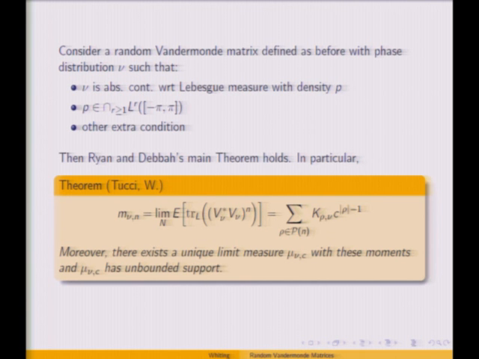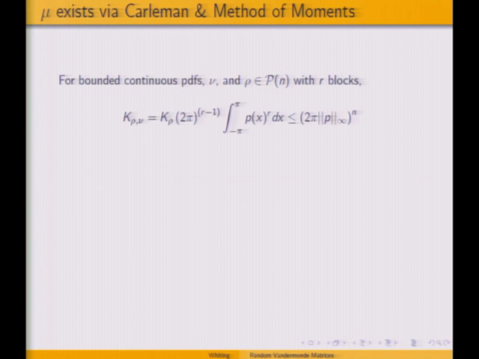But in fact, in this case, we can argue via the method of moments. And the method of moments tells us that provided the moments satisfy some property, in other words, they are distribution determining, and some sequences of moments do have that property, then there is a corresponding unique limit measure. So in fact, the moments that we're looking at here satisfy Carleman's theorem, and therefore there is only one distribution with that sequence of moments.